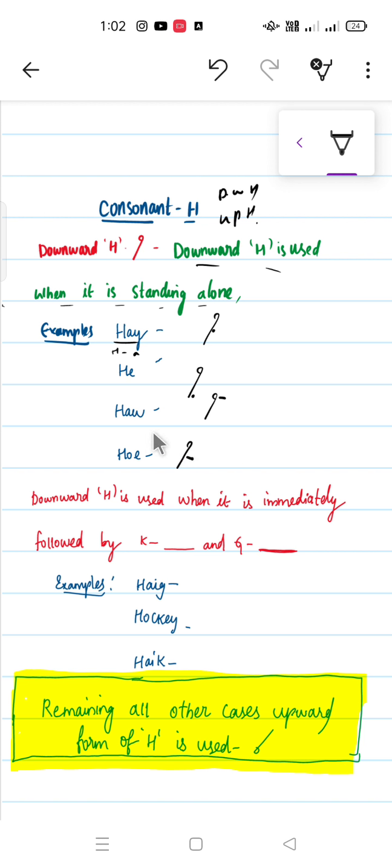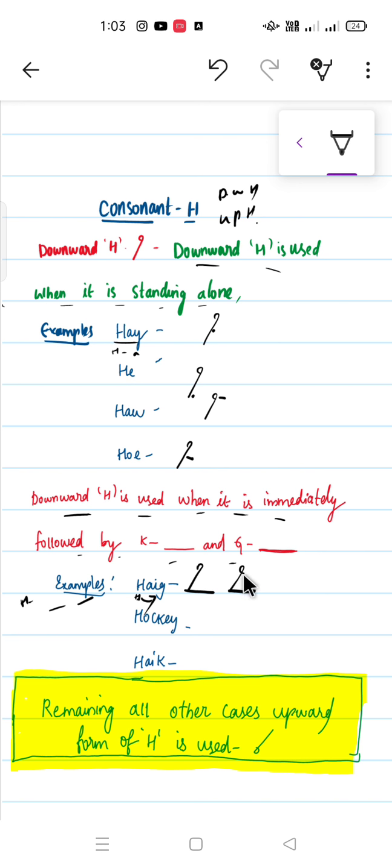And in what other situations can we use downward H? Downward H is used when it is immediately followed by K or G. Whenever after H immediately K or G is coming, at that time we need to use downward H. Heg. In this heg, H is there, immediately after that G is there, so I can write H downward and G. Okay, downward H, G. Heg.